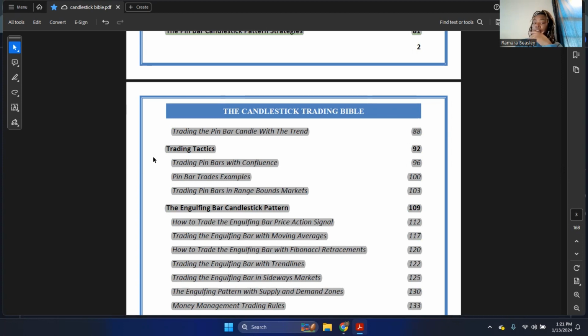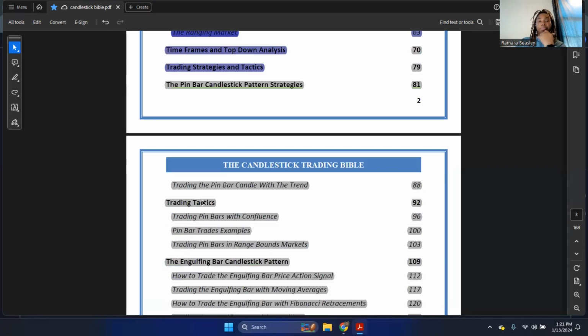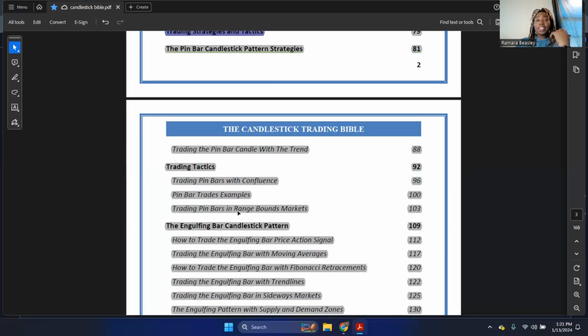And then the next videos will be the examples and then talking about how to trade pin bars in the range bound market. And then we start getting more to the engulfing bars. We are almost there, guys. I know we can do it.